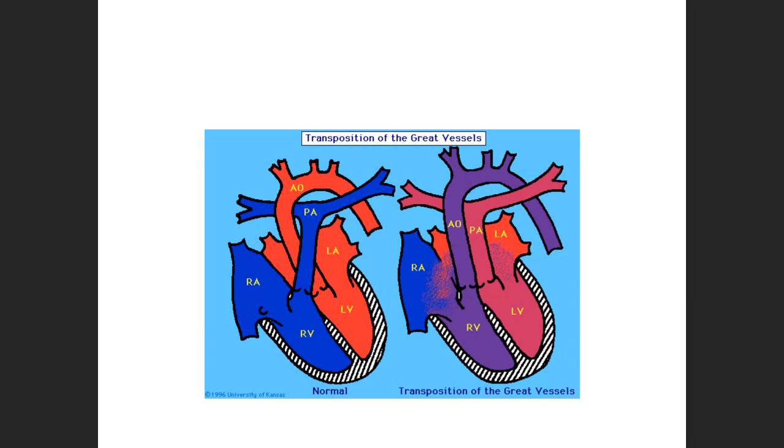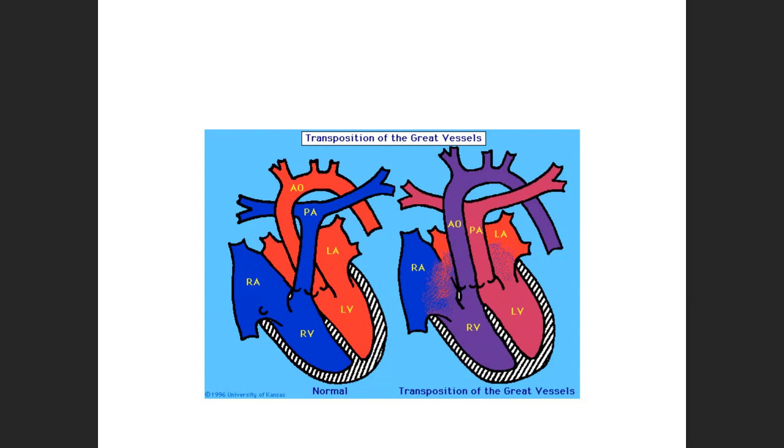Okay. If we look at this illustration here, the illustration on the left is the normal situation, and on the right, it's the situation with transposition of the great arteries.